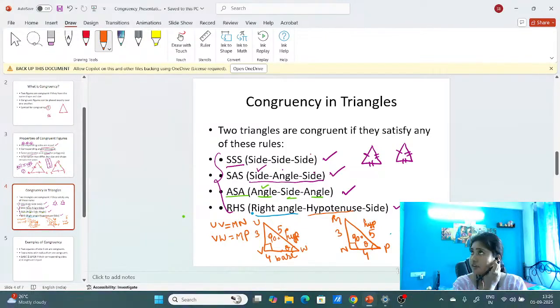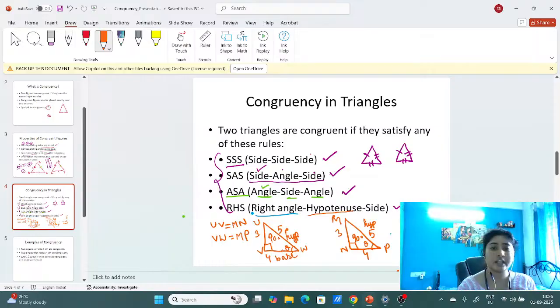but there will be some cases where you will find that only one side is equal to the other, and we also have one right angle and hypotenuses that are equal. At that time you can use this criterion, the RHS criterion. So if two triangles satisfy this criterion, RHS means right angle, hypotenuse and side.